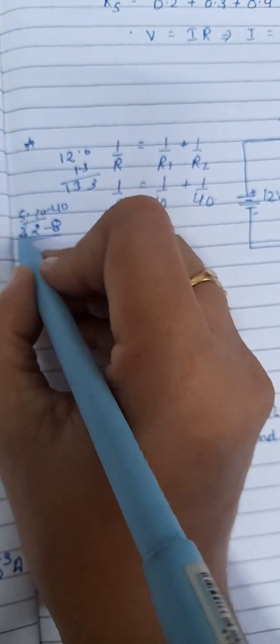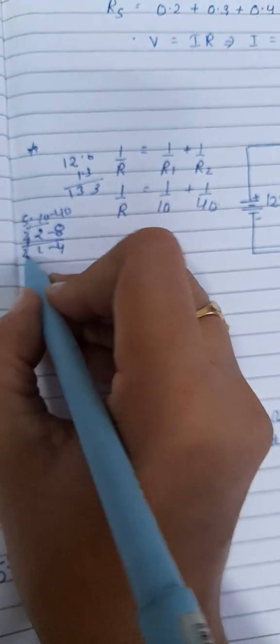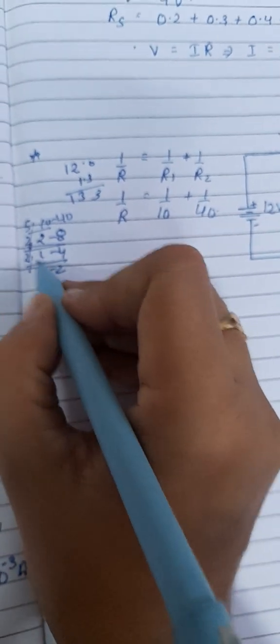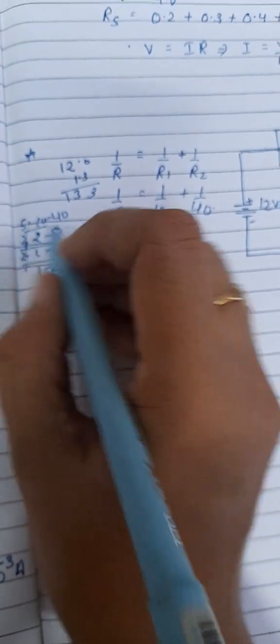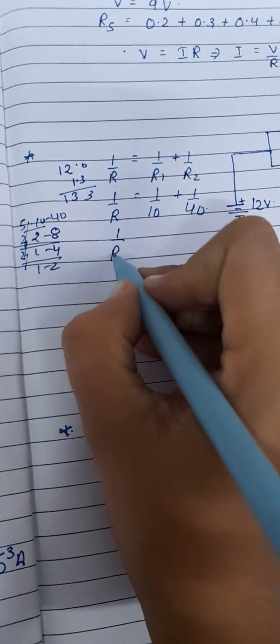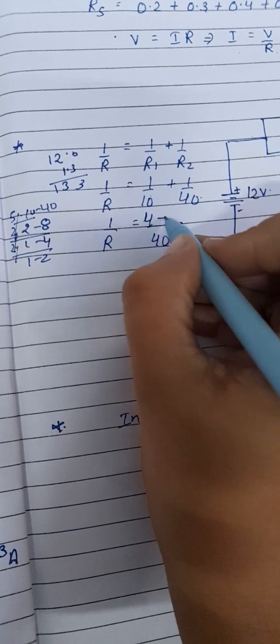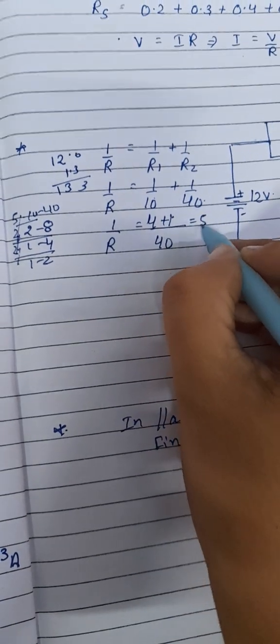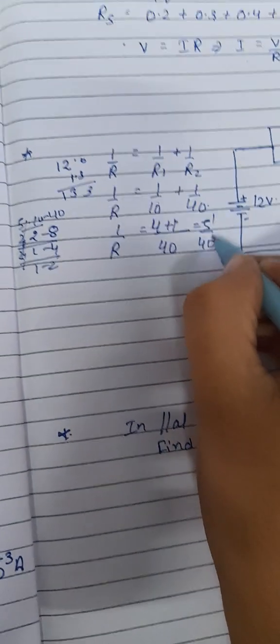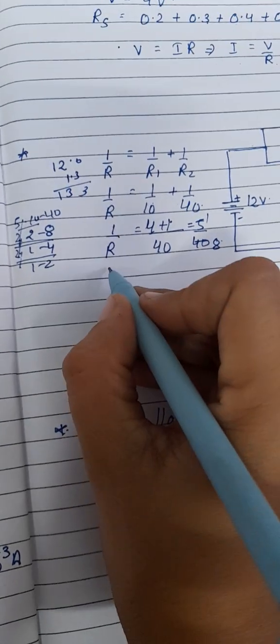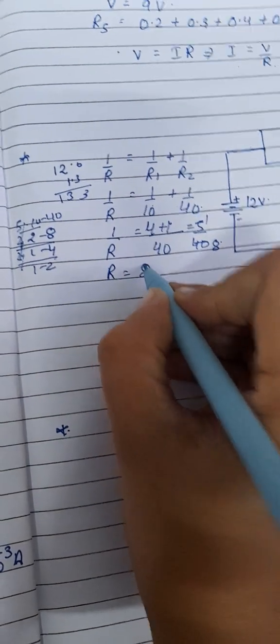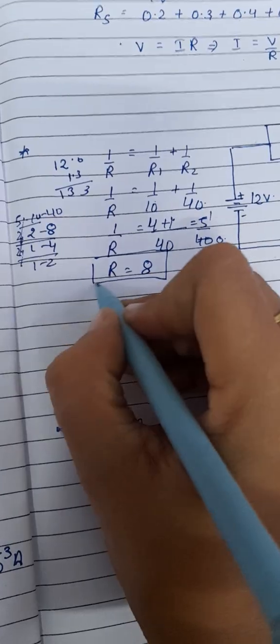Then again 2, 1 and 4. Again 2, 2 2s are 4, 4 2s are 8, 8 5s are 40. 40 is the LCM here. This becomes 4 plus 1, that is 5 over 40. This becomes 1 by 8. Taking the reciprocal, R equals 8.